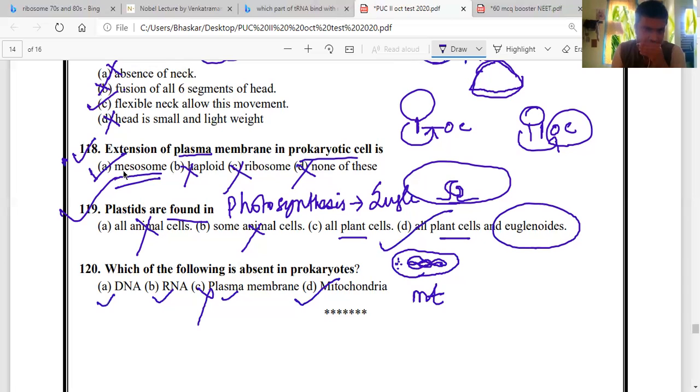In most cases they have DNA, but for protein they have ribosomes. So during protein synthesis, they use RNA for translation. So definitely this organelle is totally absent, correct? So as genetic material, they may have DNA and they can also use RNA for protein synthesis. Now, they do not have mitochondria. Correct, mitochondria is believed to be a modified bacterium.